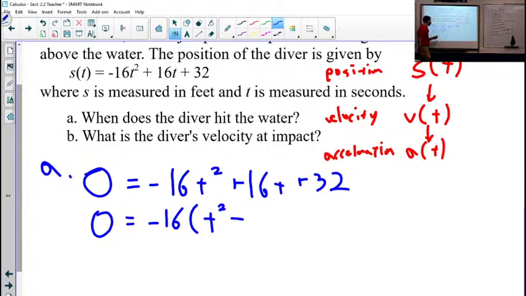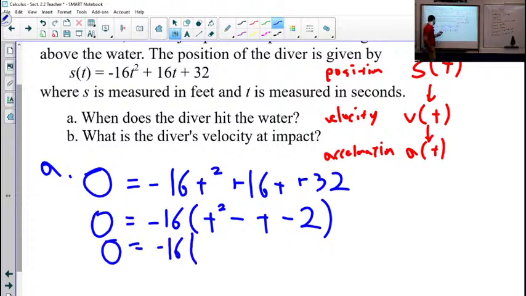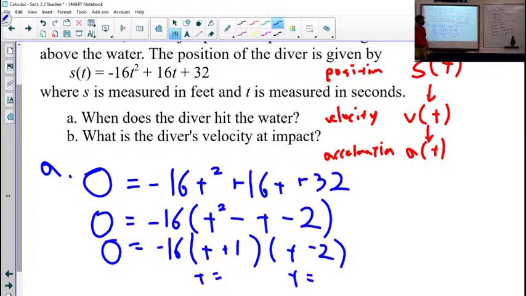So I'm taking a negative out, that means it's going to be minus t minus 32 divided by 16 is 2. What are our answers? 3. Set each part equal to 0 and solve. Negative 1 and 2.